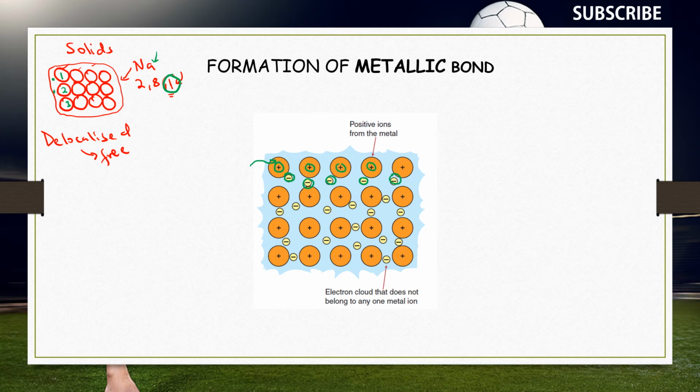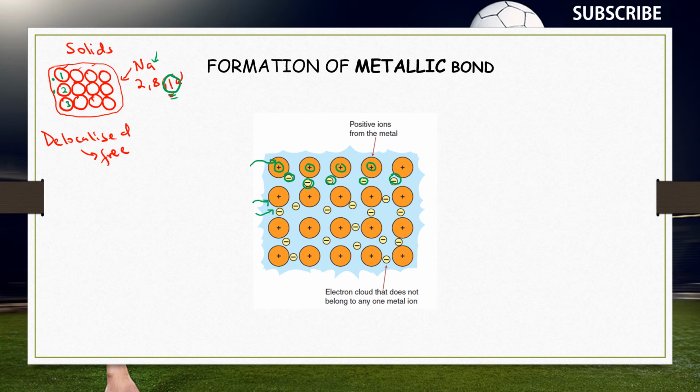So in metallic bond, what happens is that the outermost electrons of the atoms usually become free to move around. So they're not attached to a given atom. We can't say that this electron here is fully and only attached to this metal ion here.